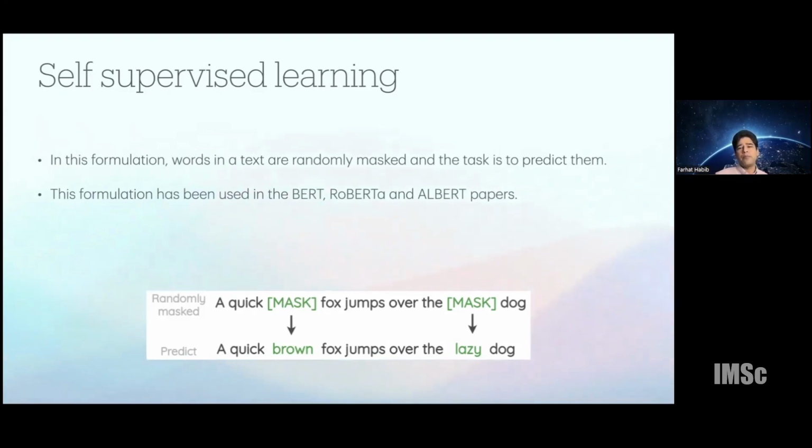What you do is you mask certain words out of this text. For example, let's say you have the sentence, a quick brown fox jumps over the lazy dog. Let's say you randomly mask two of the words, and you ask the model to figure out what the masked words are.